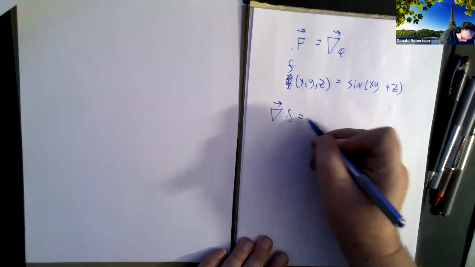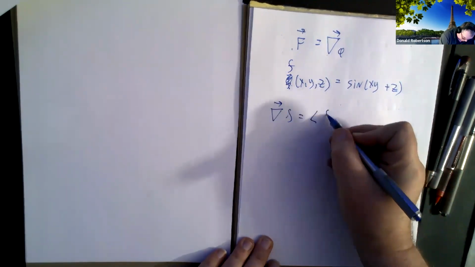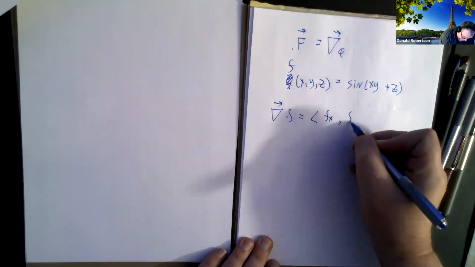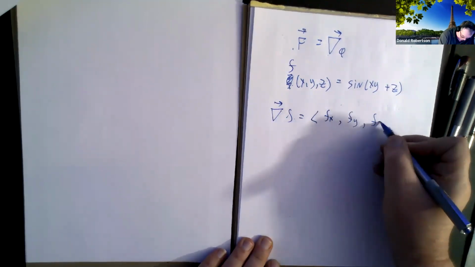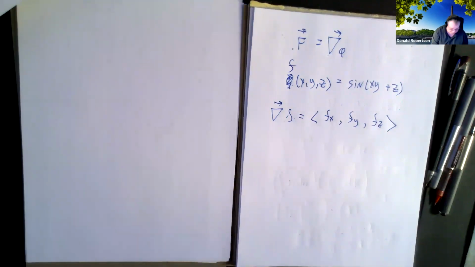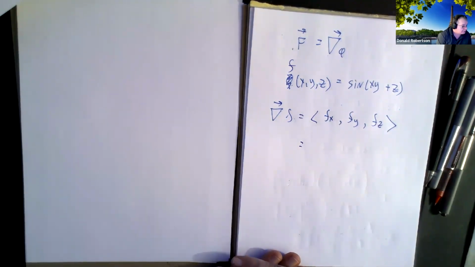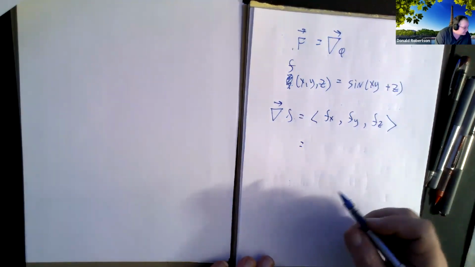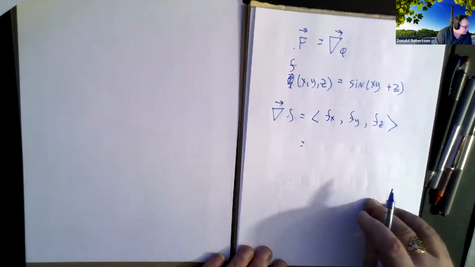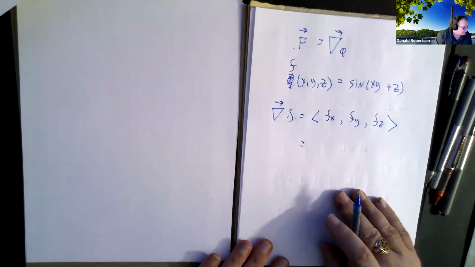If you could figure that out, I think you'd be fine. So partial derivative x, partial derivative y, partial derivative of z, right? And so we are going to find, eventually anyway, the little function guy that goes on here.